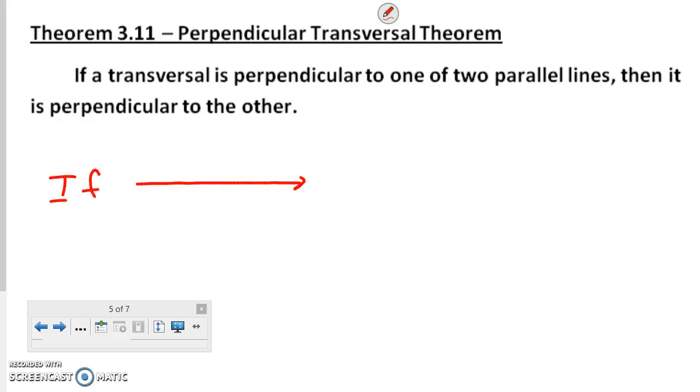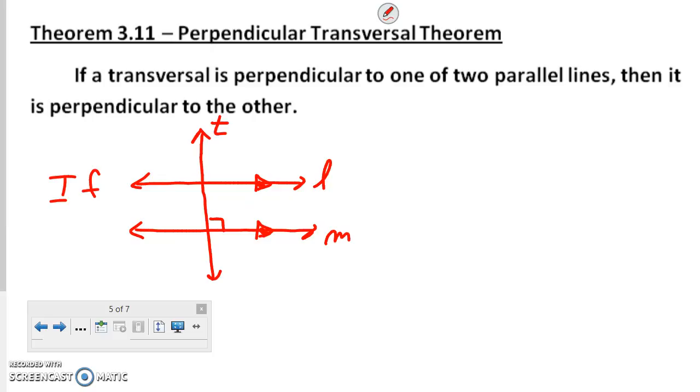So we are stating that, with some notation here, if our transversal, I'll call it line T, is perpendicular to line M, then it has to be perpendicular to the other one. So I'm going to write then line T is also perpendicular to line L.